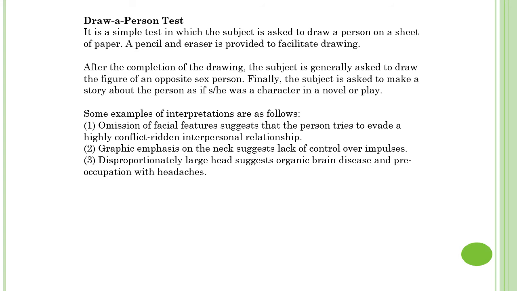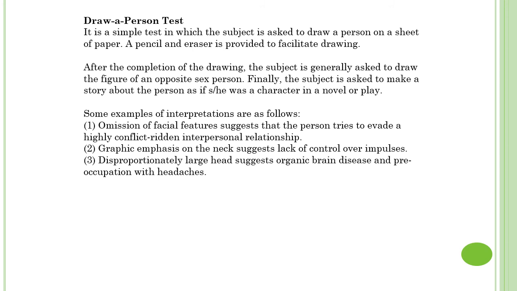So, some examples of interpretations from the draw-a-person test. Omission of facial features suggests that the person tries to evade a highly conflict-ridden interpersonal relationship. Now, many times it's not enough that I have asked you to draw a person, and of course everyone is not an artist or painter or expert in sketches.